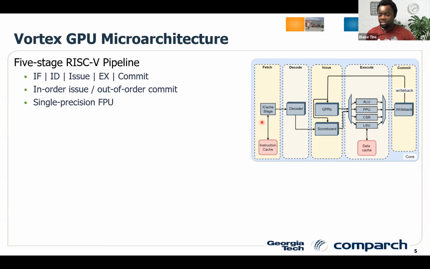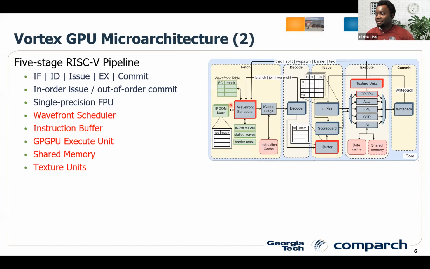The first thing that we did was to extend the pipeline so that we can introduce the components to support SIMT. In the first stage, we introduce a wavefront scheduler to schedule instructions into the pipeline, and also associate the instruction with the wavefront and also a thread mask.